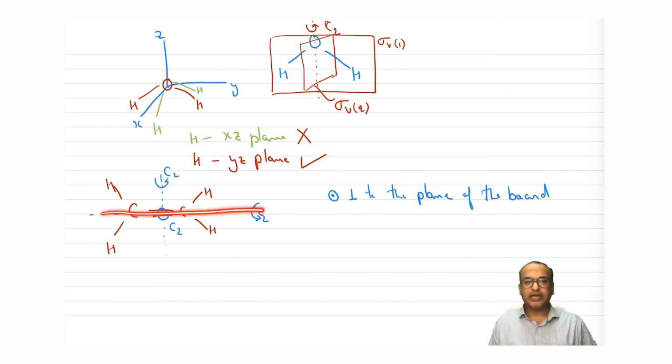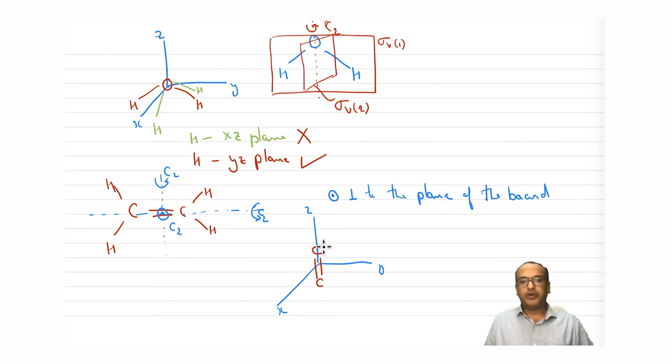Now the principal axis has to go along the z axis. So let's draw the coordinate system: x, y, z. Now the center of the molecule is clearly here between the bonds. So I'm going to draw one carbon atom above the origin, another carbon atom below the origin, and here is my double bond, right?